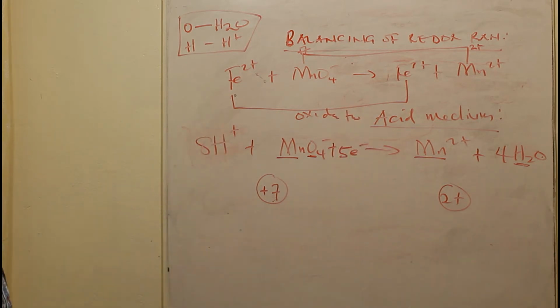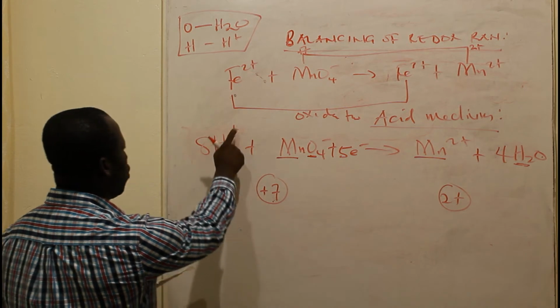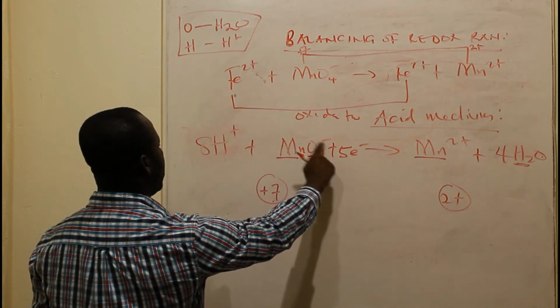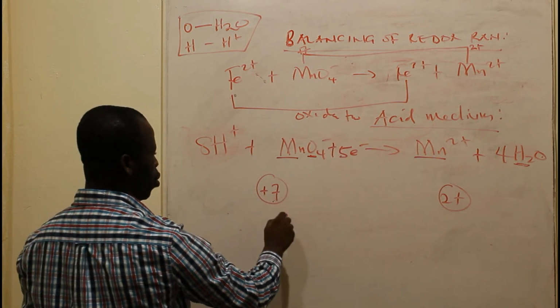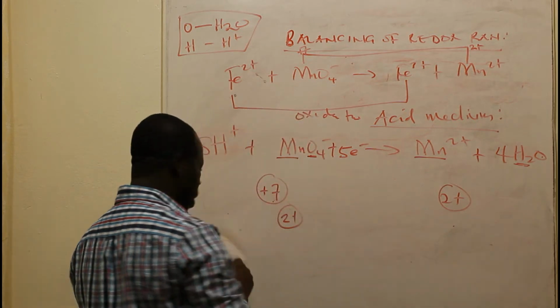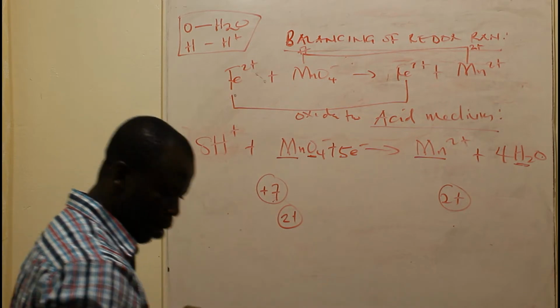By adding 5 electrons, let's see what has happened. Here a total of 8 positives minus 1 making 7, and minus 5 making 2. So a total of 2 charges here. Then we have balanced the reduction half reaction.